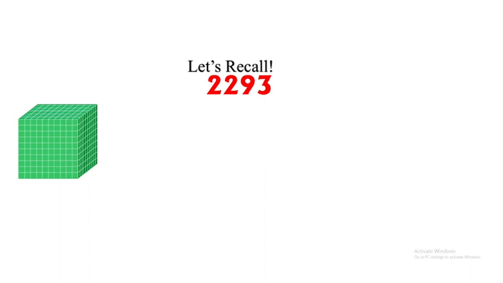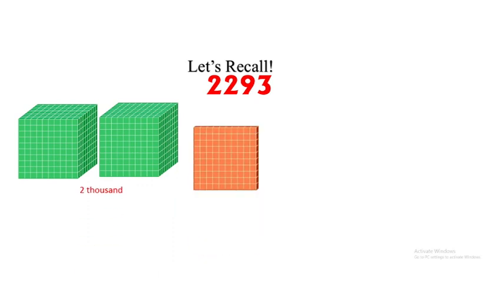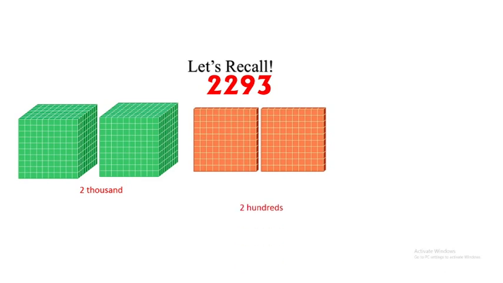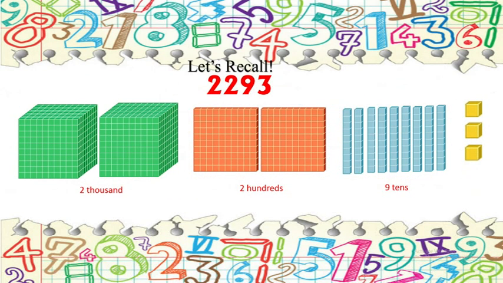For this number we can use blocks to show the place values: ones, tens, hundreds and thousands, as 2 blocks of 2000, 2 blocks of 200s, 9 blocks of tens, 3 blocks of ones.